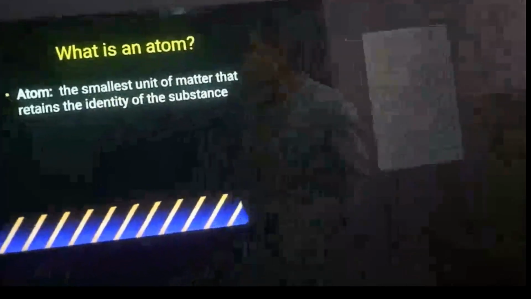So atom is the smallest unit of the matter, which retains the identity of the substance. When we consider the atomic structure, mainly atom has two main regions. We call atom has two parts.